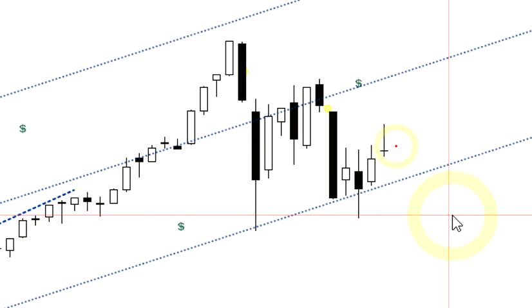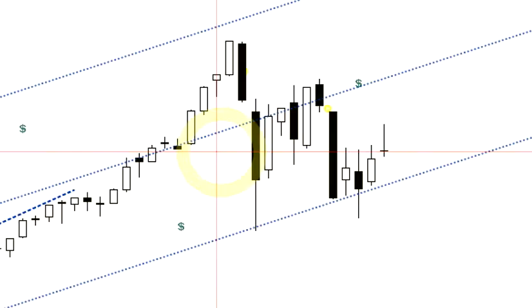So if you get any kind of close lower next week, like below this low right here, then this is a bearish topping tail. And if we go to the daily chart, we'll analyze this a little bit more.